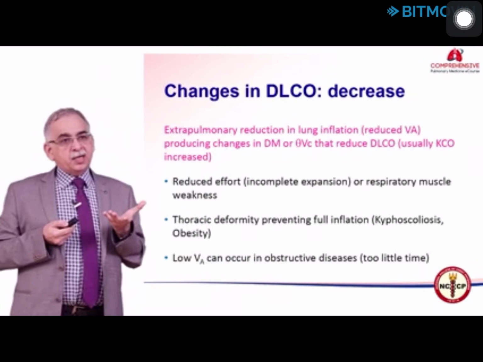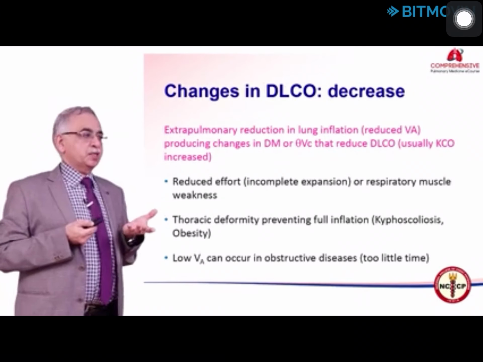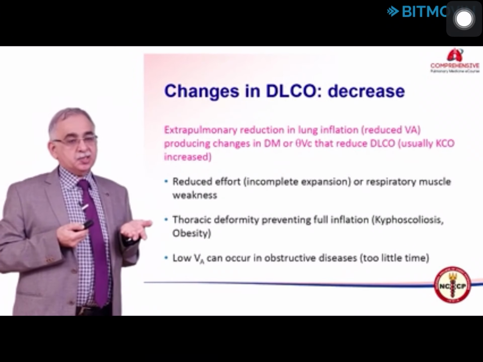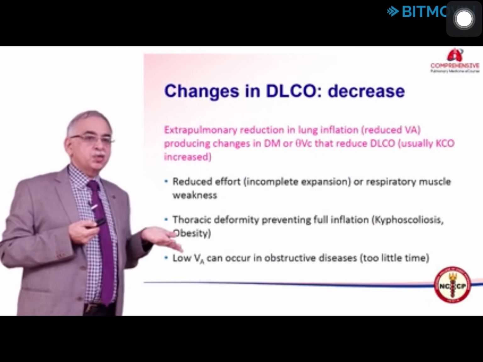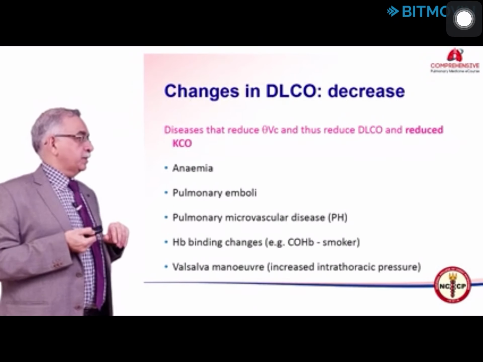If we do not allow enough time in obstructive diseases, if it is too short a breath holding, VA will be underestimated. So, we can have a falsely low diffusion capacity if the technical factor is not taken care of.